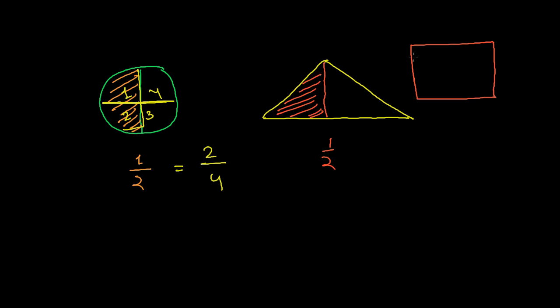Let's divide it into many sections. 1, 2, 3. 1, 2, 3. So altogether we have here 16 chocolate sections. This was a big chocolate, and I divided it into 16 equal parts. 1, 2, 3, 4, 5, 6, 7, 8, 9, 10, 11, 12, 13, 14, 15, 16.